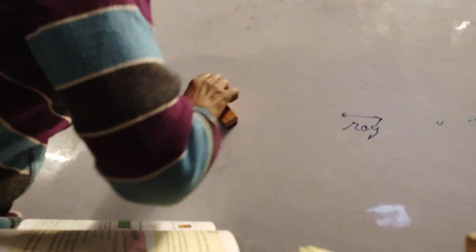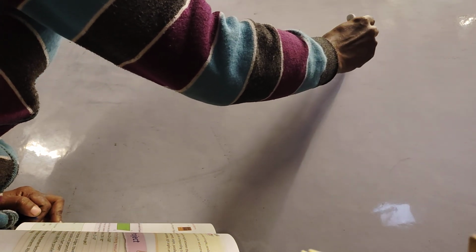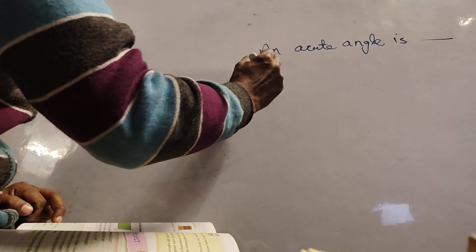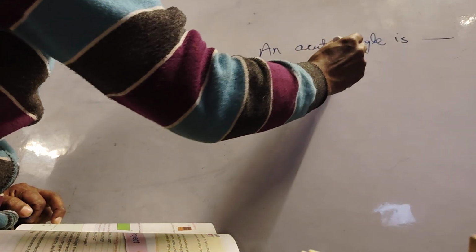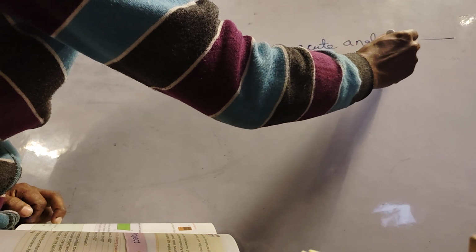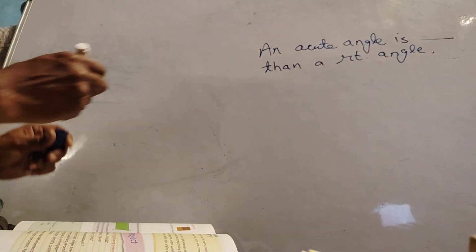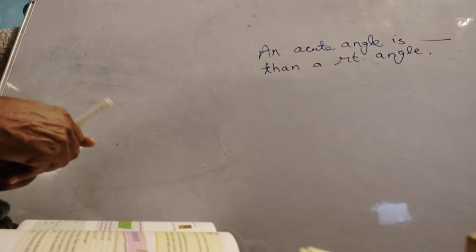Next, fill in the blanks: an acute angle is a dash than a right angle.